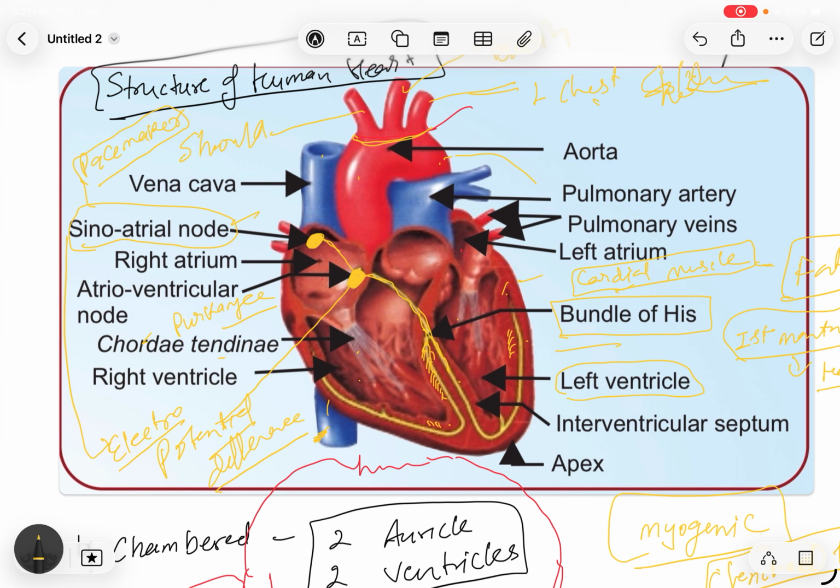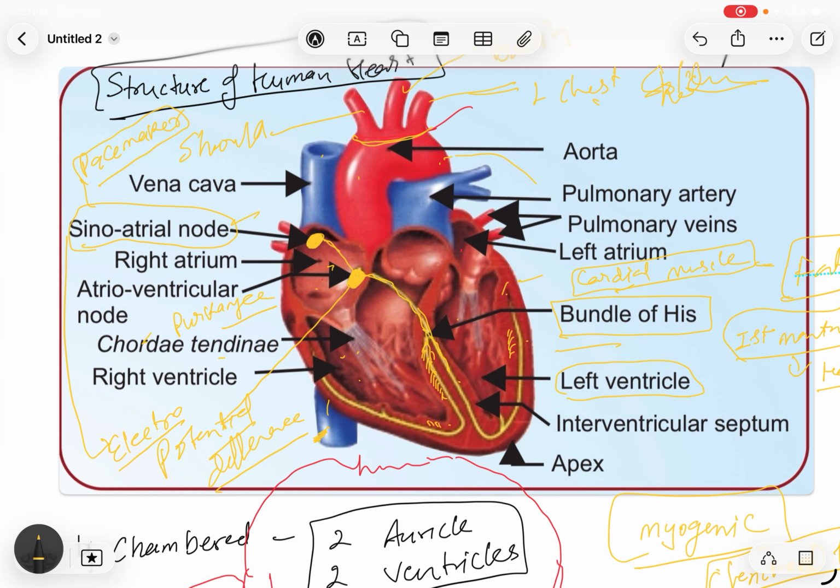Okay, there is a valve between the right auricle and the right ventricle, which is guarded by three flaps. That's why it is known as tricuspid.